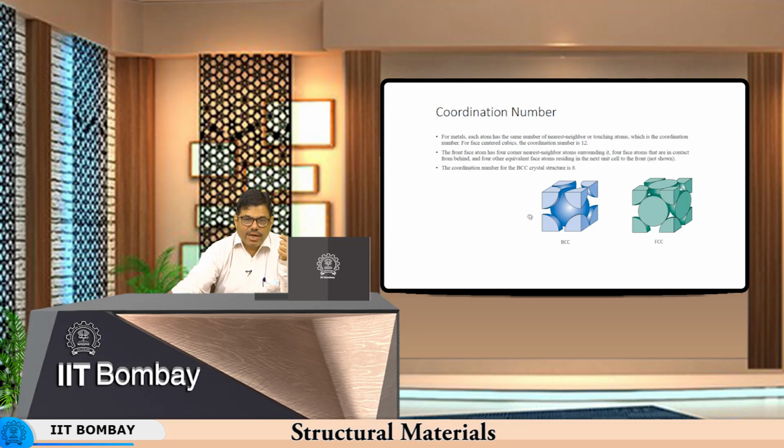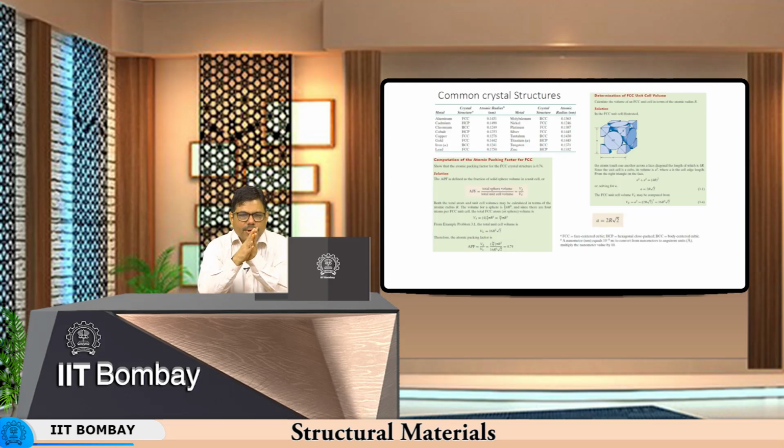So, you have in all 12 nearest neighbor atoms for each face centered atom. So, basically you have the coordination number of 12 for the face centered cubic structure, whereas for body centered cubic it is just 8.